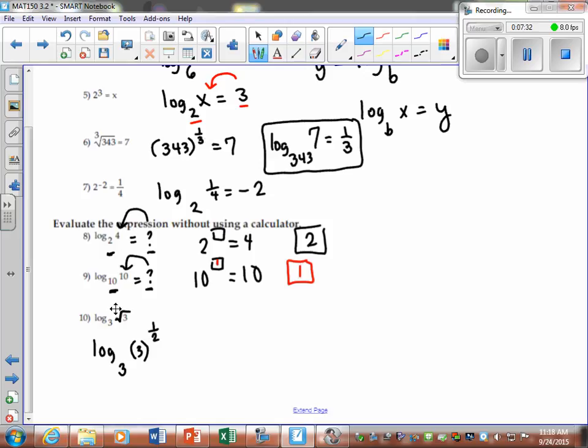The known index of a square root is 2, so the exponent would be 1/2. And then we would say 3 to the what power is equal to that. So what will we have? 1/2. Good. So the answer is 1/2. Okay, so now we can use these expressions to calculate.